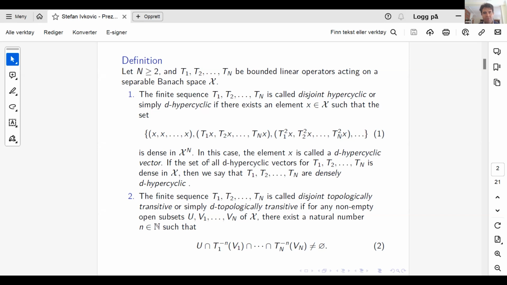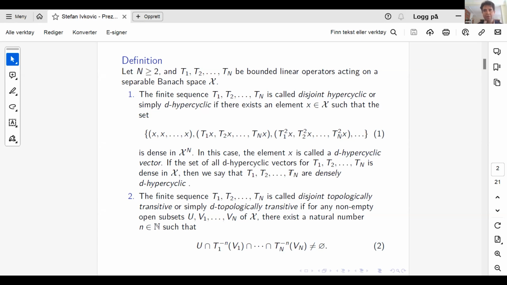And then if the set of all D-hypercyclic vectors for this finite sequence of operators is dense in X, then we say that these operators T1, T2 up to Tn are densely D-hypercyclic.